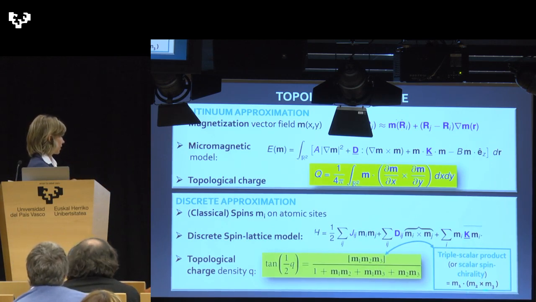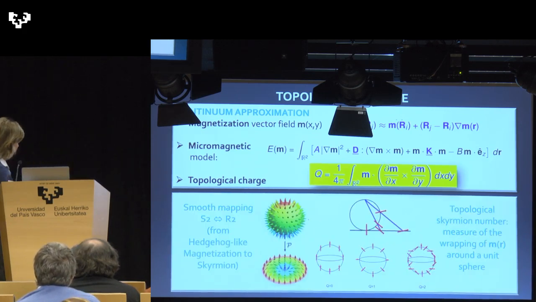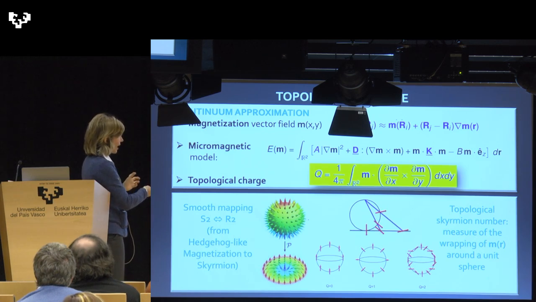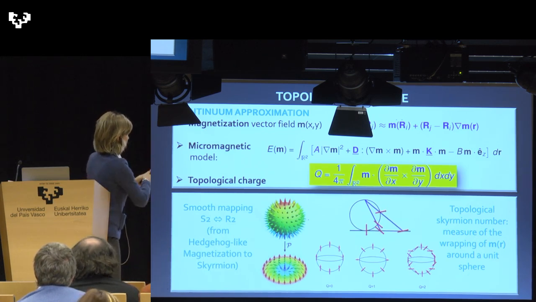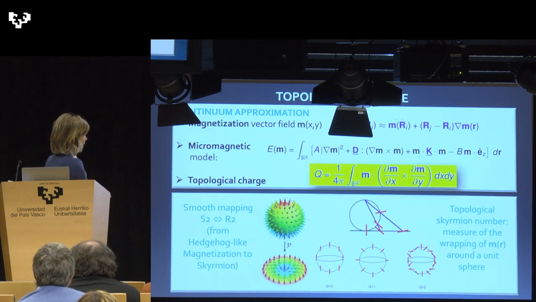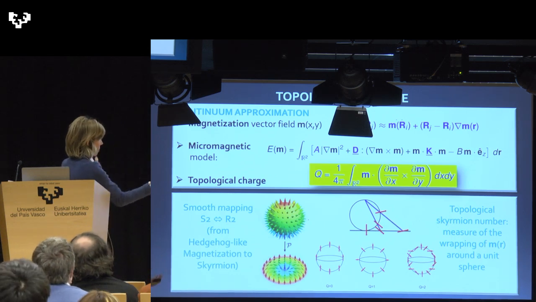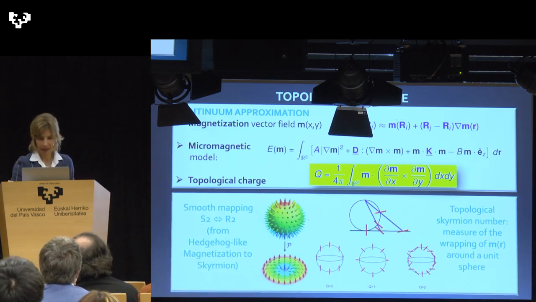You have two spins, you make a vector product, and then you scalar multiply by the first spin. If you calculate this topological charge, it gives you a measure of how many times the magnetization wraps around a unit sphere. So if you do this mapping, how many times, in this case 1, the spin texture mapped onto a sphere encloses, let's say, the center.